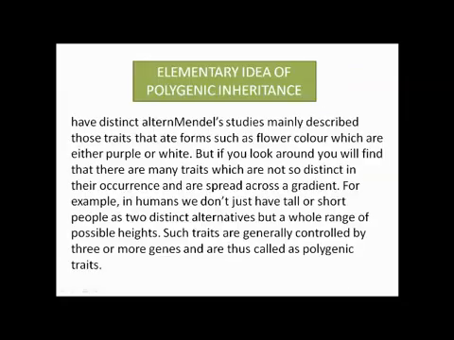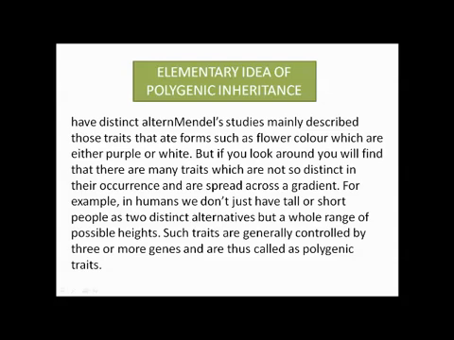The other important concept is polygenic inheritance. Now, Mendel's studies mainly describe those traits such as flower color, which are either purple or white. But if you look around, you will find that there are many traits which are not so distinct in their occurrence and are spread across a gradient.